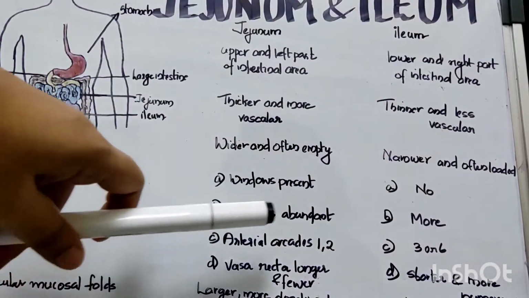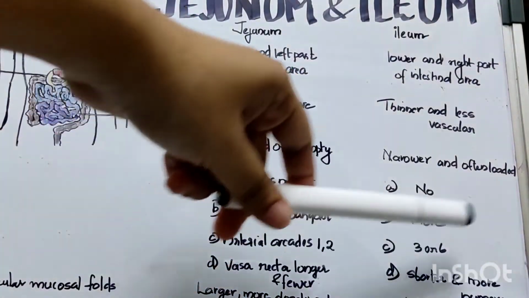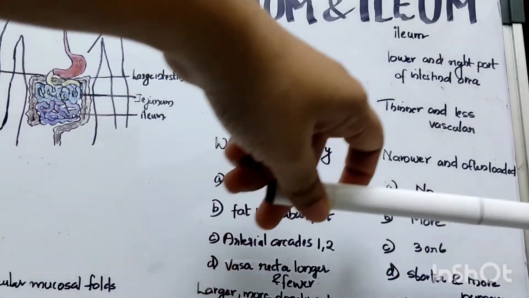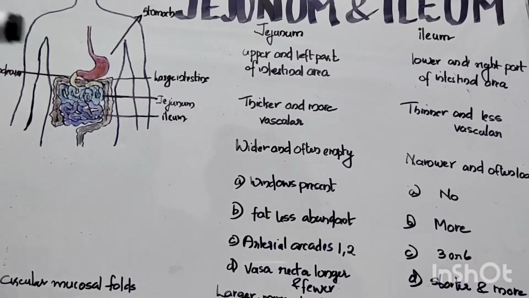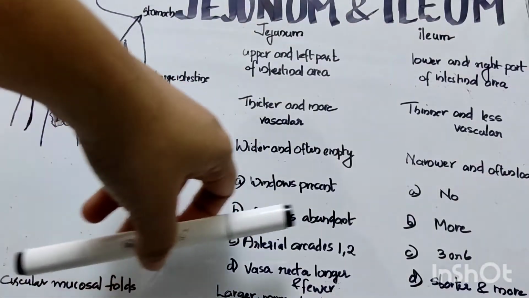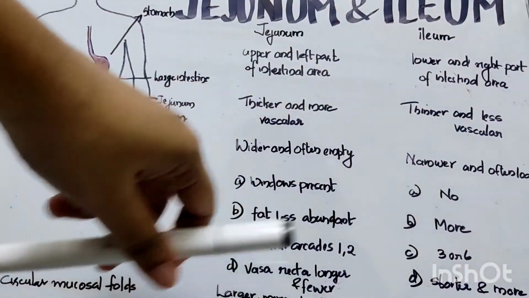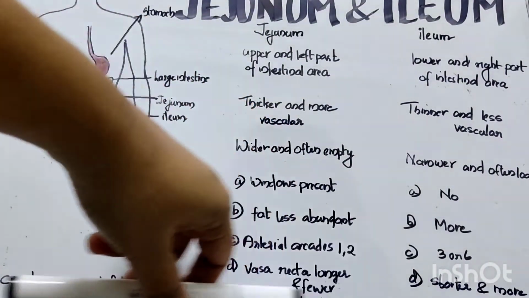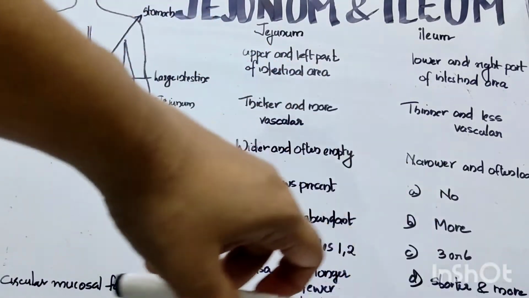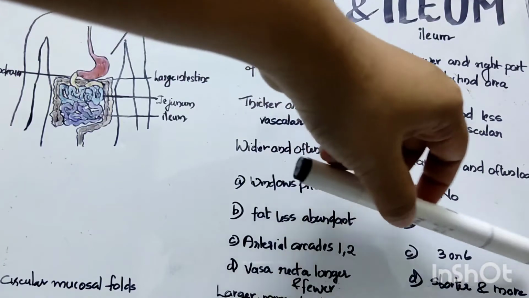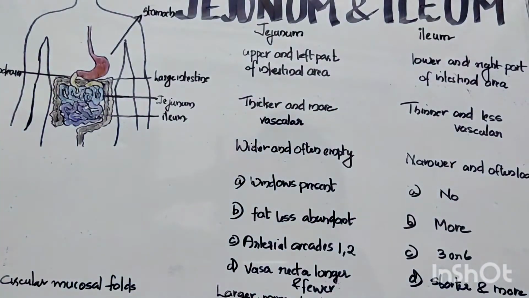The Vasa Recta are longer and fewer in the jejunum, but in the ileum they are shorter and more numerous. What is the Vasa Recta? They are small arteries, small blood vessels. They are longer and fewer in the jejunum, and in the ileum they are shorter and more numerous in number.